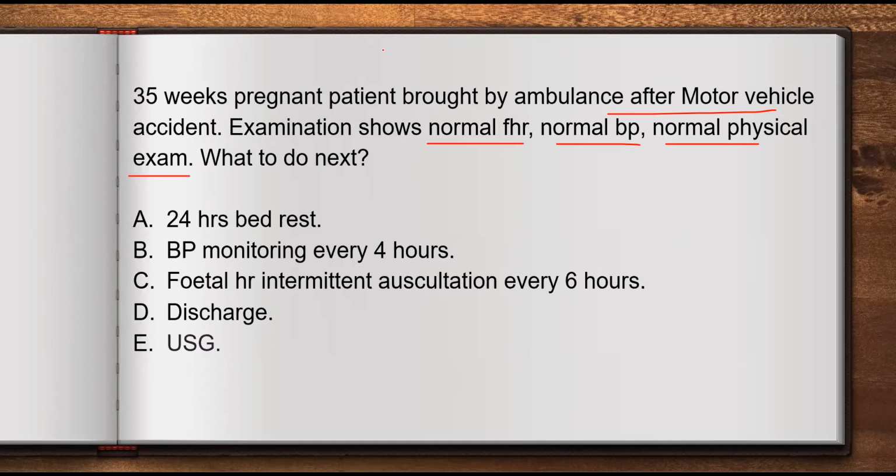So when a pregnant patient is at 35 weeks, that means it's really close to delivery, right? Or you can say it's the third trimester. They are at high risk of having complications. So if someone has a motor vehicle accident at this week, what is the most important thing that you would like to rule out?